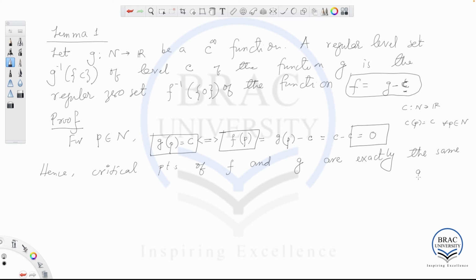So we obtain G of P is equal to C is equivalent to the fact that F of P is equal to 0.